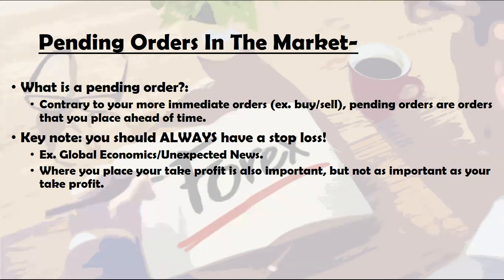If I'm trading EU, sometimes you can have unexpected news like a terror attack or something like that that just shakes the whole market. So you've got to always have a stop loss, because without one you're pretty much saying you're alpha and omega and you know what's going to happen ahead of time, and that nothing is really going to move that market, which is almost impossible because there are so many factors in pairs that can move it up or down.